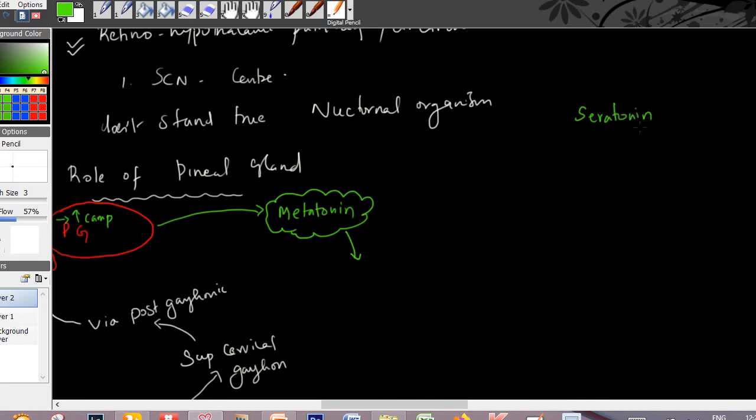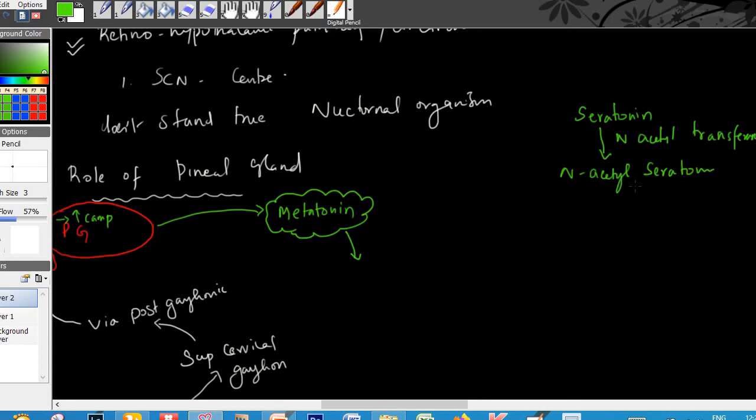Serotonin inside the pineal gland is going to get converted into N-acetyl serotonin. This occurs with the help of the enzyme N-acetyl transferase, which converts serotonin into N-acetyl serotonin.